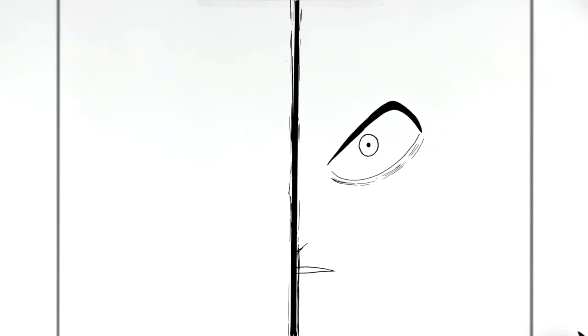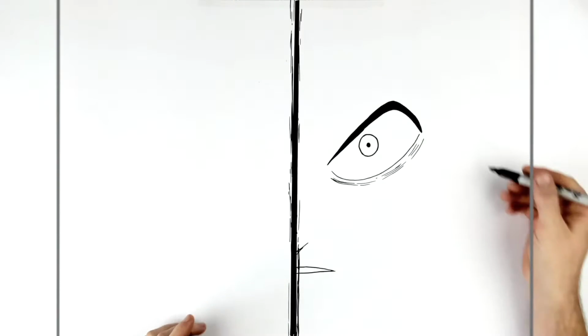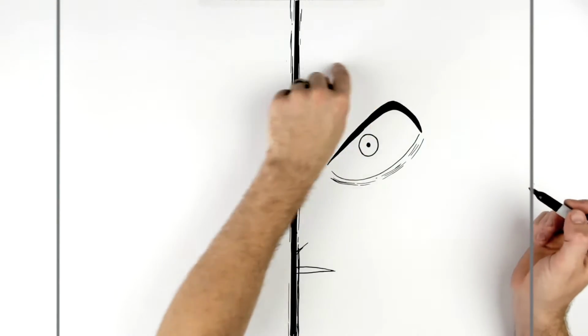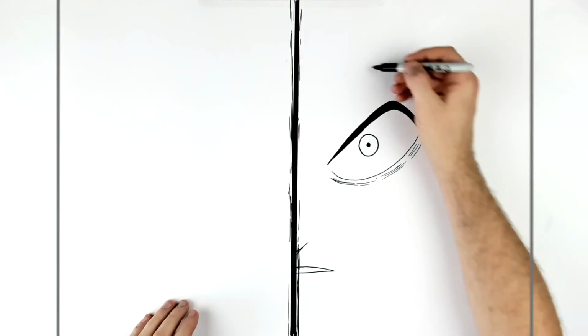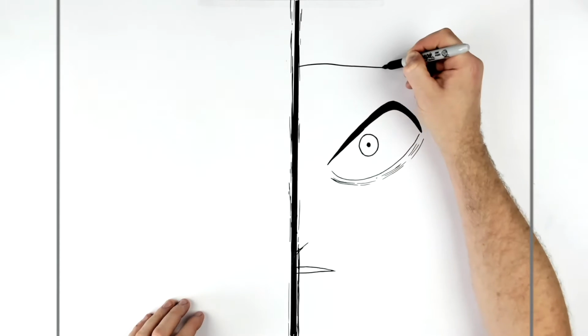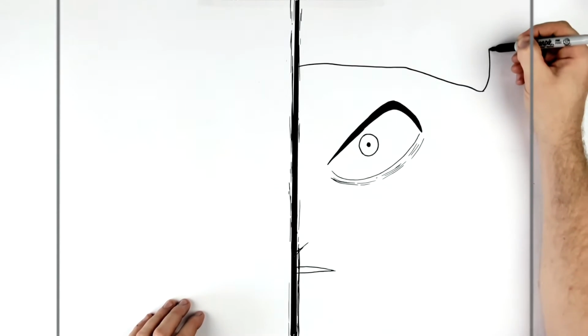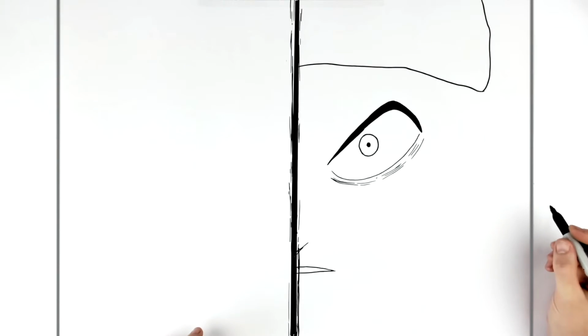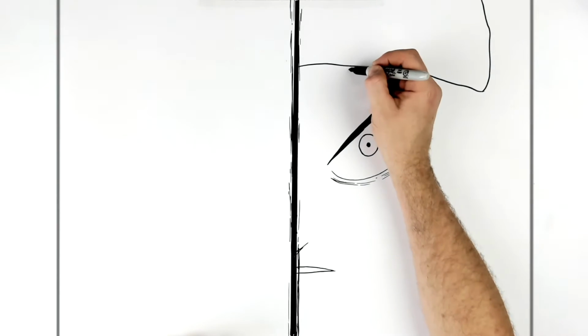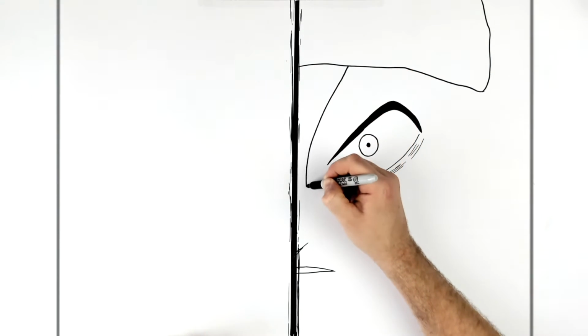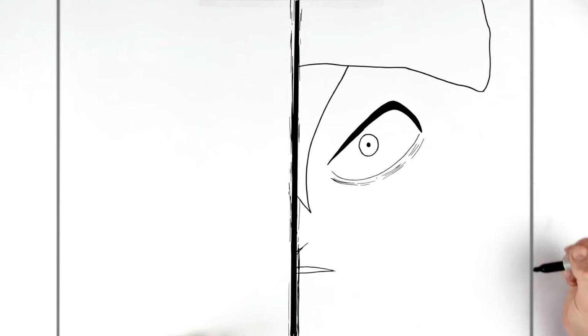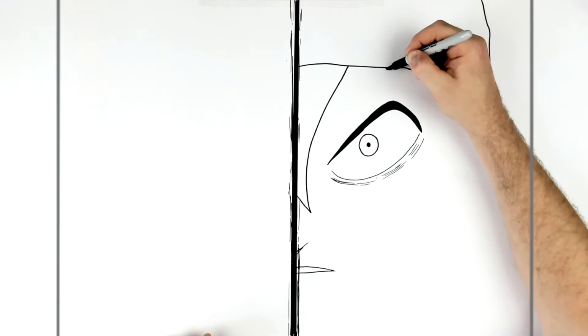Okay, so his head is kind of framed in by his headband, and there's hair that comes down from it, so we'll put that in. So this headband just comes across this way, and then it'll go around there. So then his hair, spike that way, and then another spike just coming down here.